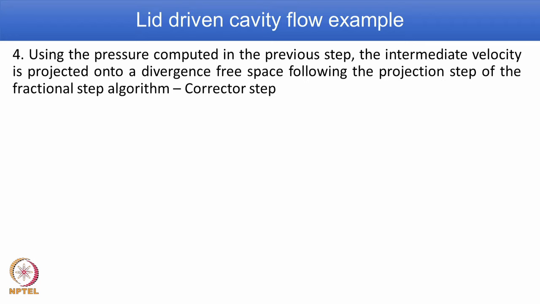This step is called the correction step, and it is listed here. So, u at n plus 1, that is the new velocity, equals u star minus delta t into del p.